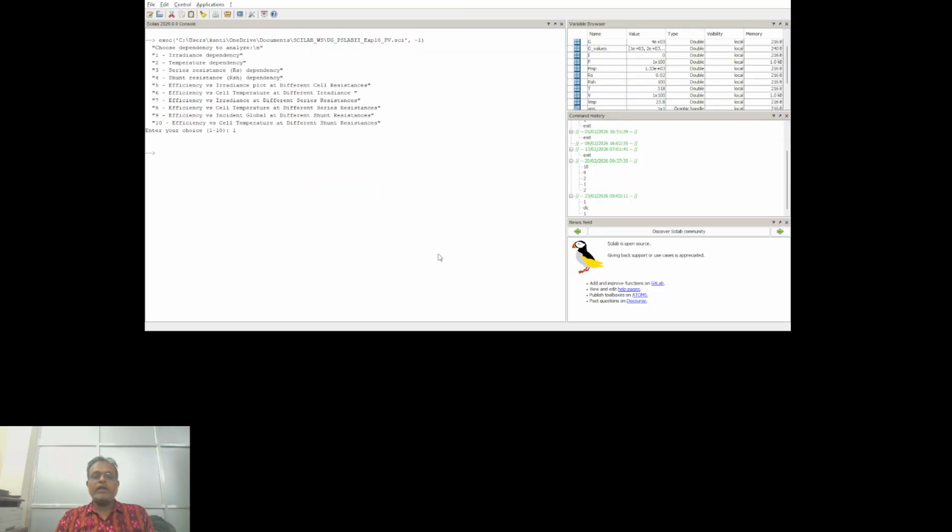I'll go to the console again. If you see here, there are so many options available. There are 10 options. You have to run all these 10 options and again go through the code and see how the variation of the characteristics of the solar cell can be studied by using this code.